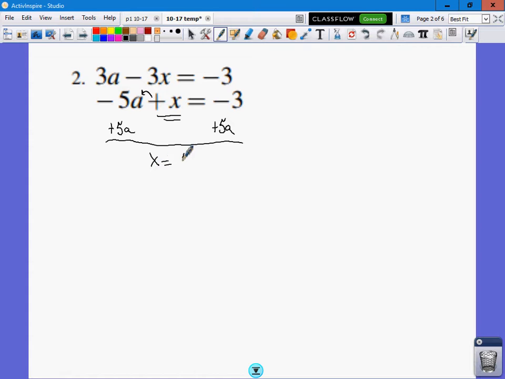X is now equal to 5a minus 3. And I could have written -3 plus 5a. The order would not matter. I just have a tendency to put my variables before my constants. Once you're to this point, you're going to go back to the other equation.